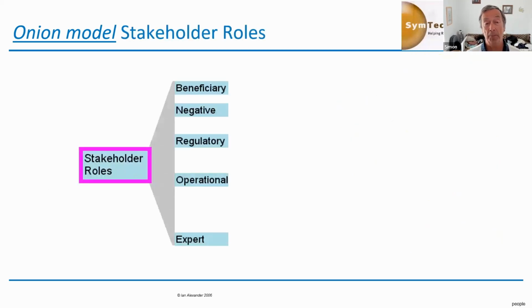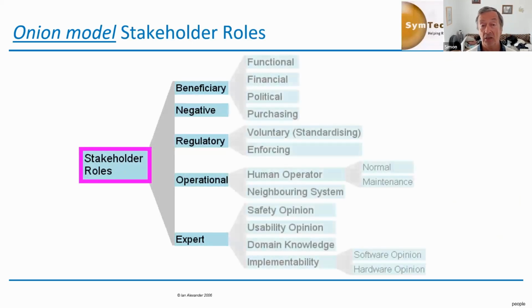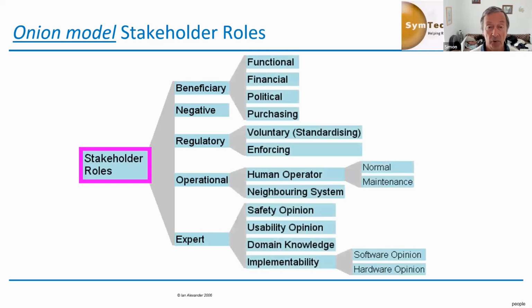He sees them as being beneficiaries, having a negative impact, being regulatory, operational, or experts. And within each of these roles, there's a set of additional sub-roles: functional, financial, or political beneficiaries. Regulatory could be enforced or voluntary. Operational could be human operators or a neighboring system.